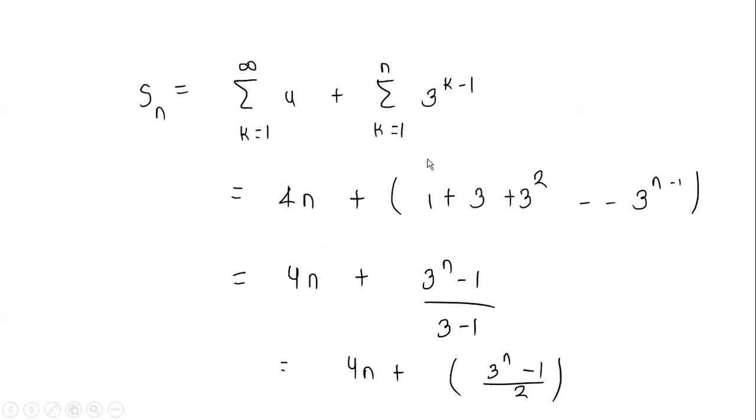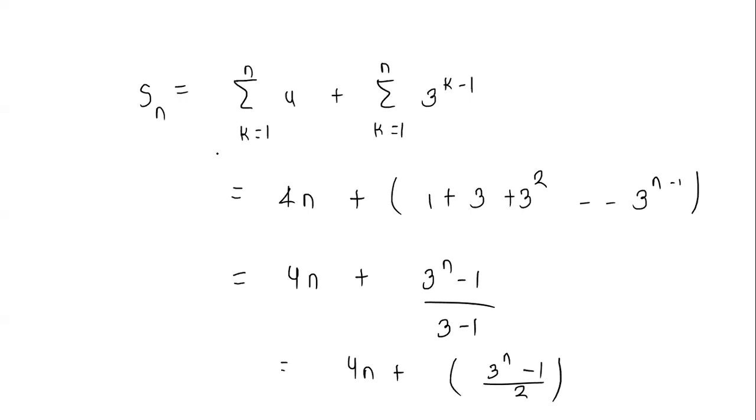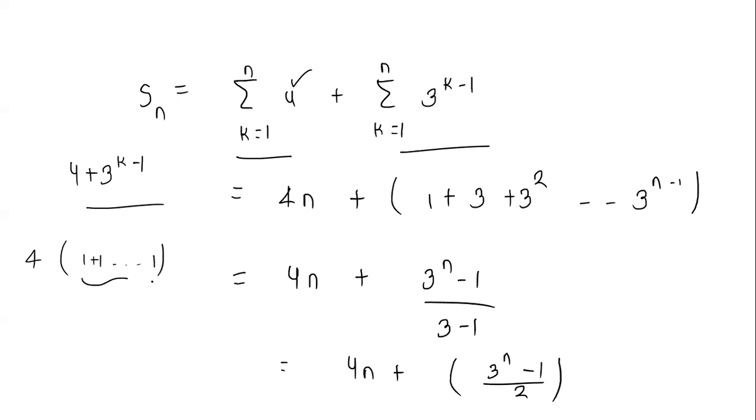So I split that summation into 4 and 3 power k minus 1. This 4 is a constant, independent of k, so you can take it outside, and it becomes 1 plus 1 up to n times, which is simply n. So this summation is 4 times n.